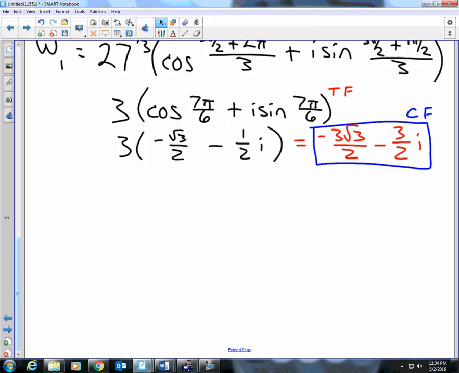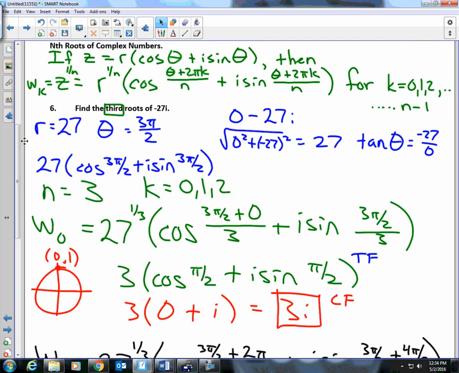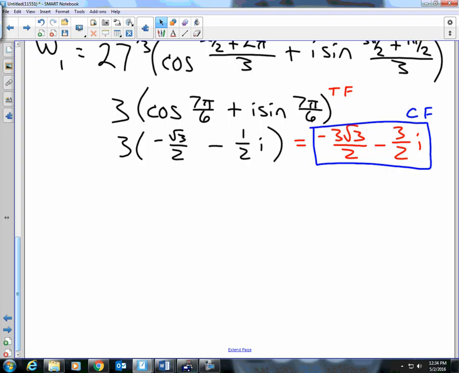What did we find? If you were to multiply it 3 times, what should you come up with? Negative 27i. I mean, that's kind of ridiculous to think that it multiplies out like that.